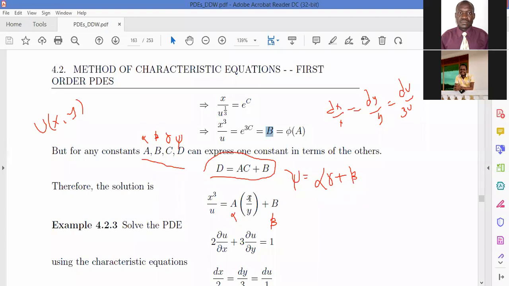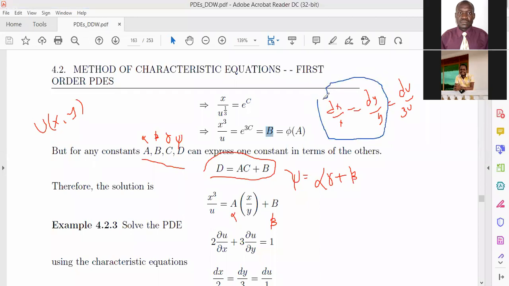This is the solution we got when we took this part here. This is this one here, the x over y, and then we add a b. But this b, I insist, it is not this b. That's why I'm changing and I'm calling this alpha into x over y plus a beta there.